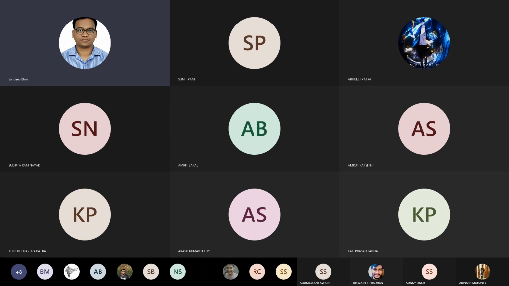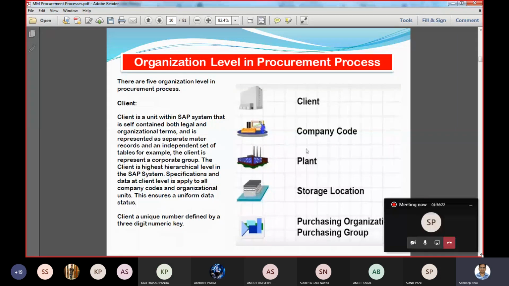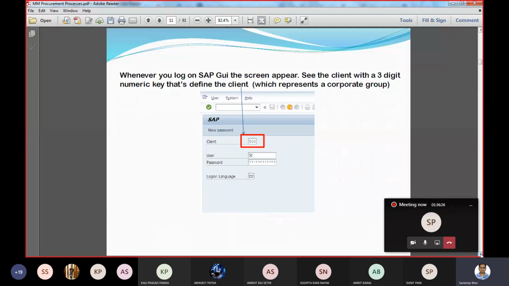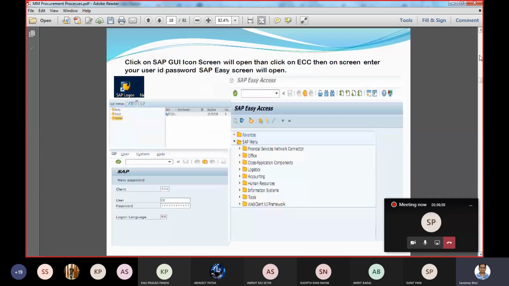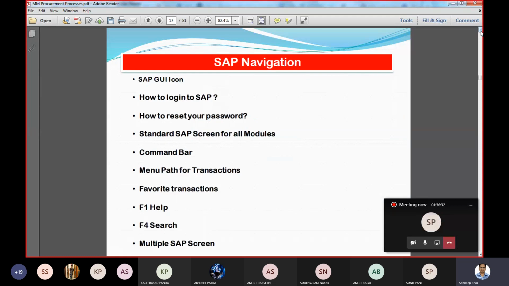That is the difference of the purchasing organization at company level or plant level. That is what you need to understand about the difference between these purchasing organizations.